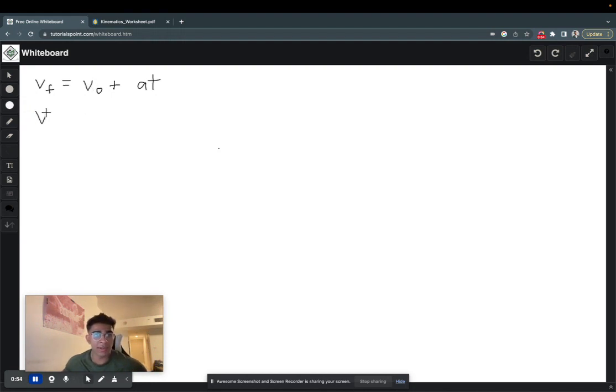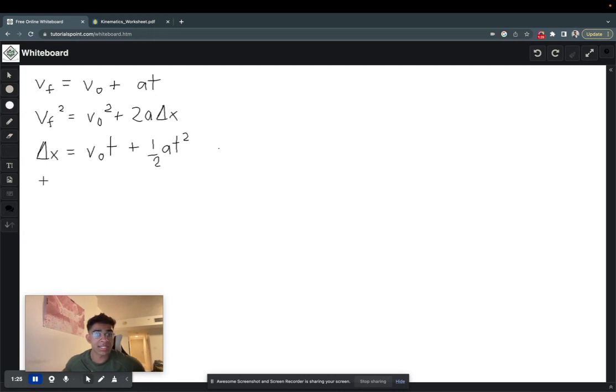Second equation, V final squared equals V initial squared plus 2 times acceleration times displacement. Third equation is displacement equals v initial times time plus 1/2 acceleration times time squared.